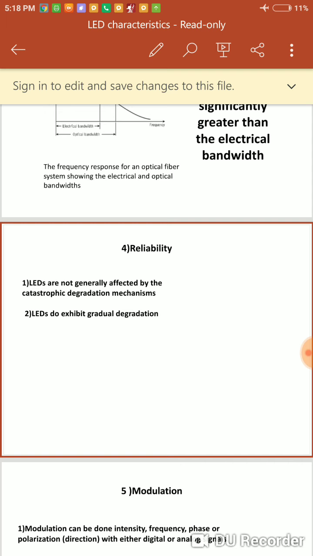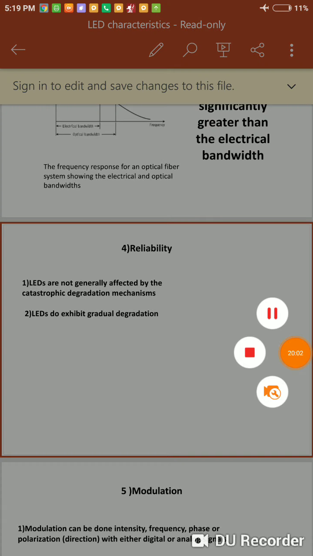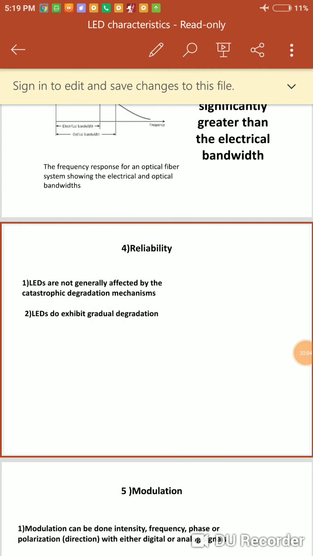Another type of degradation present in the optical source is gradual degradation. Gradual degradation is not related to any physical damage of the material, but it is related to some defect formation in the working of the active region. In the basic working principle of optical source, we have seen the active region is the area from which we get the emission of light.